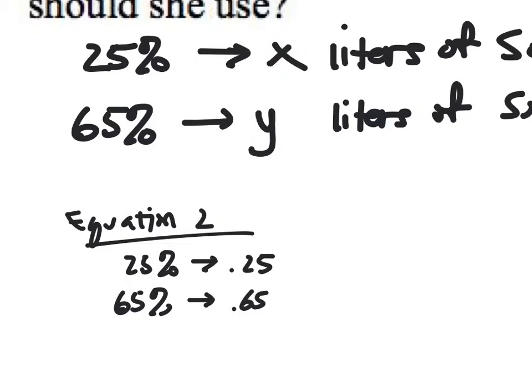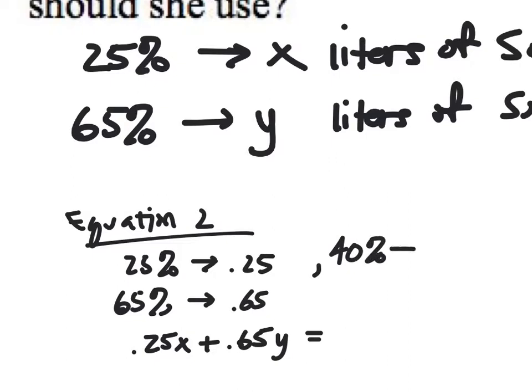All right, so if I take 0.25x plus 0.65y, it's going to equal 40% solution. Okay, now remember 40%, all right, a 40% solution is 0.4. Okay, so that's going to give me 0.4 times 8 liters.